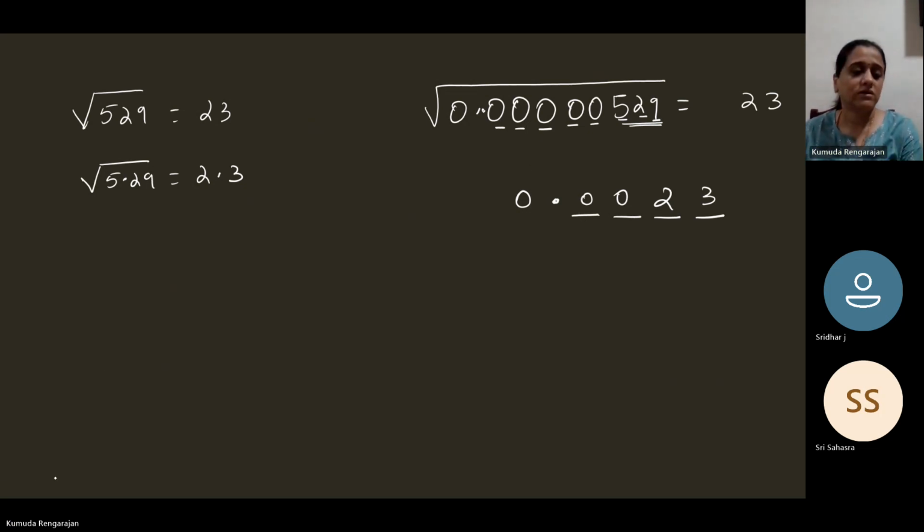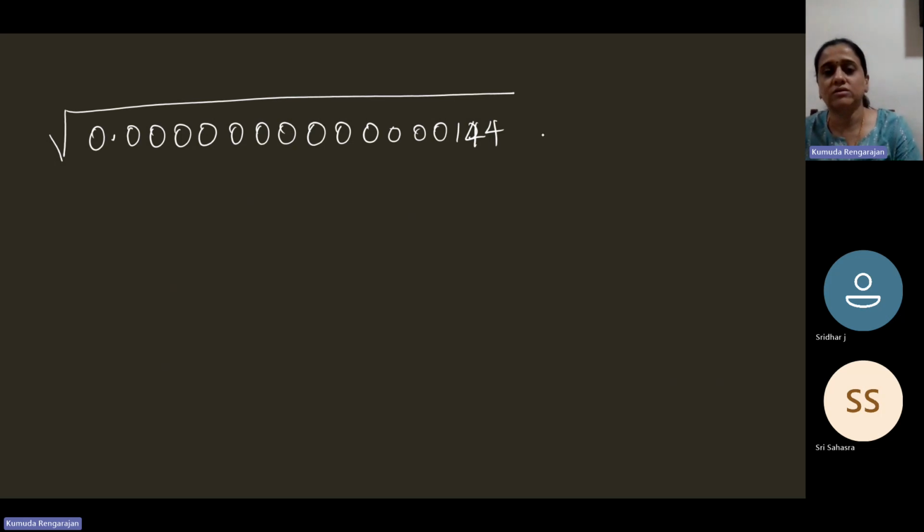Okay, so we know the square root of 144 is 12. Supposing you have 0. followed by 13 digits and then 144, and you have to find the square root of this number.